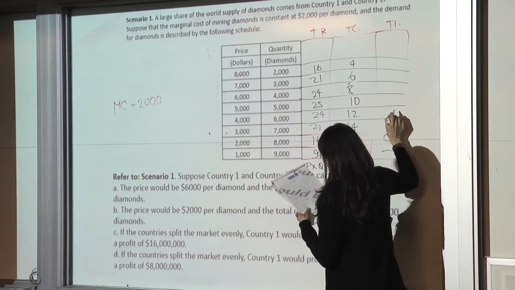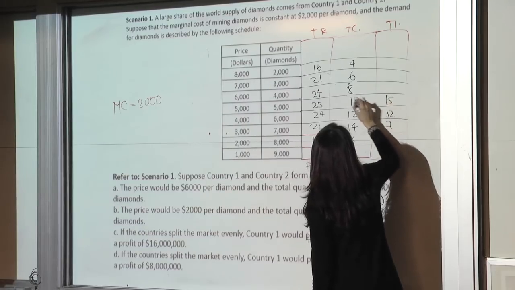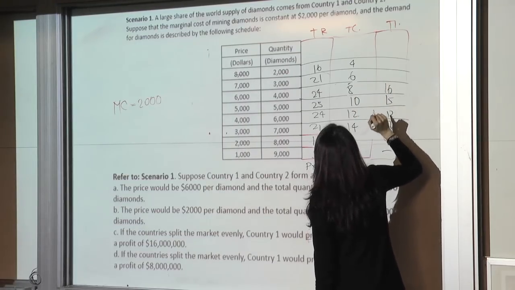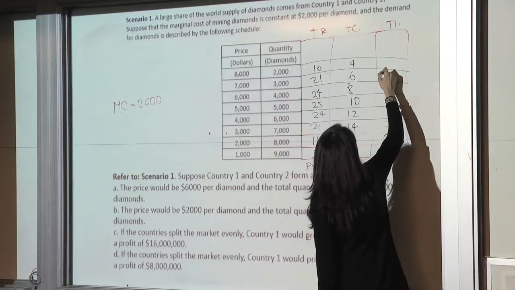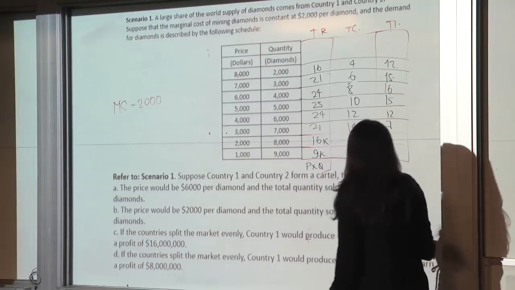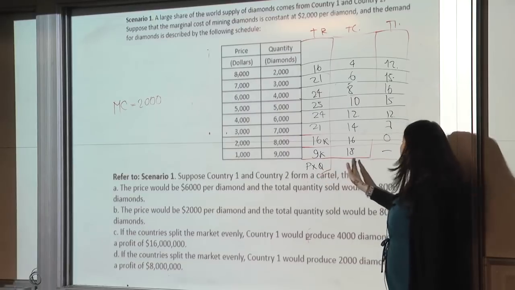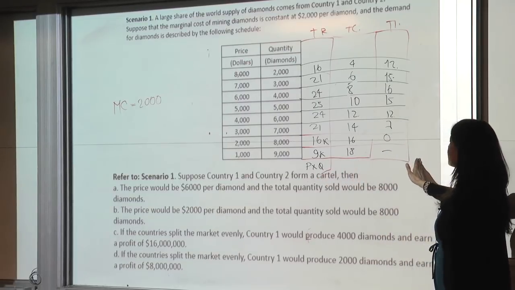Here there are 12, 15, 16, 15, and 12. Okay, so now I have here total revenue minus total cost equal profits.